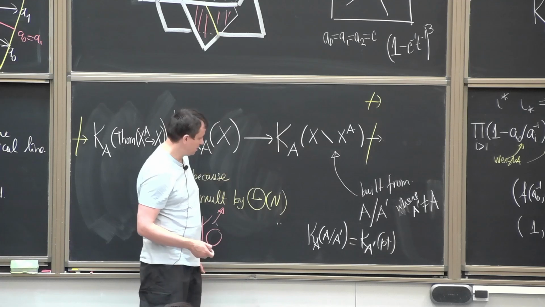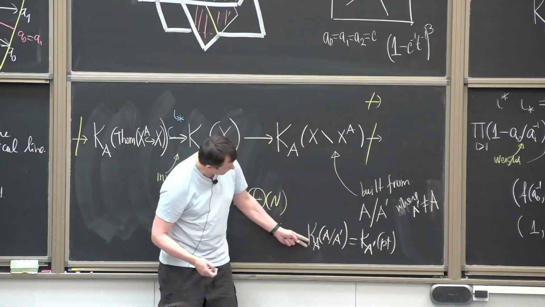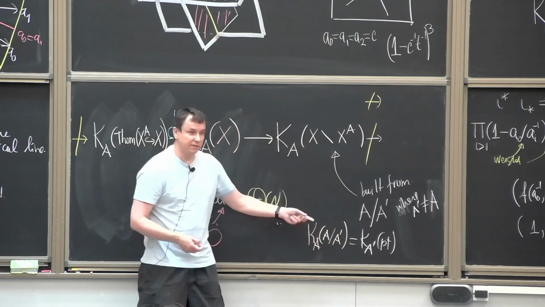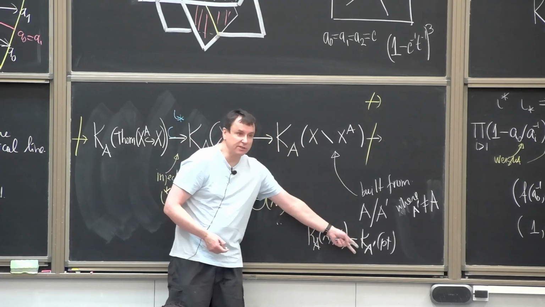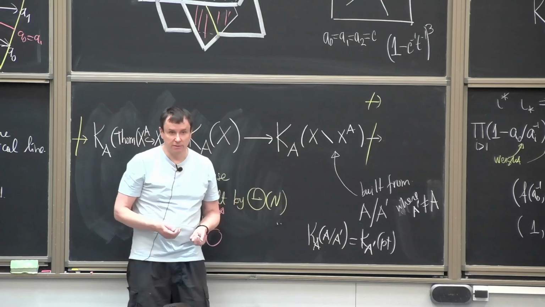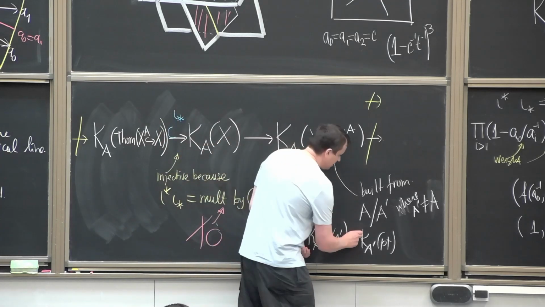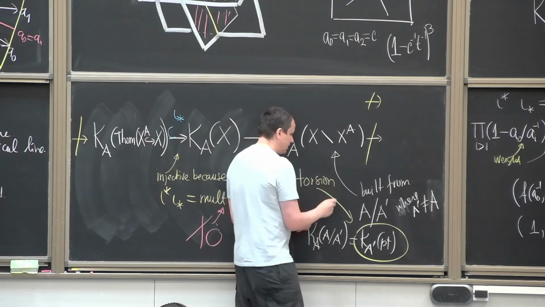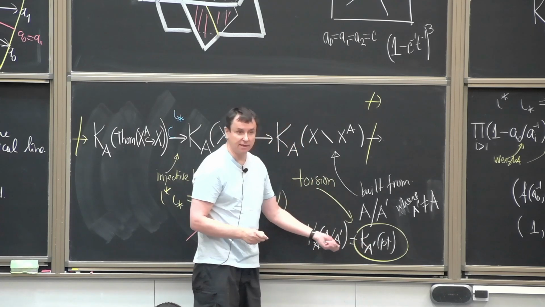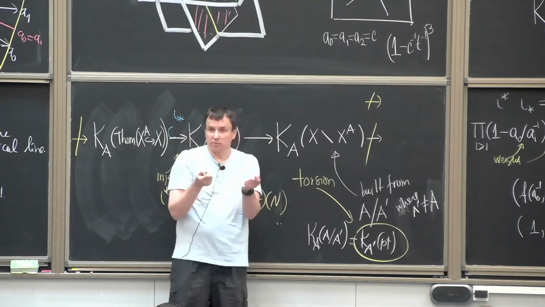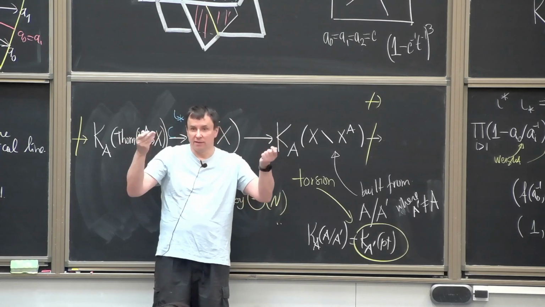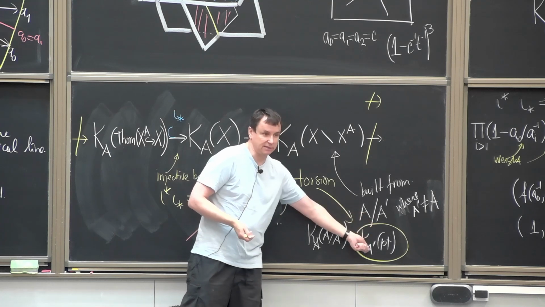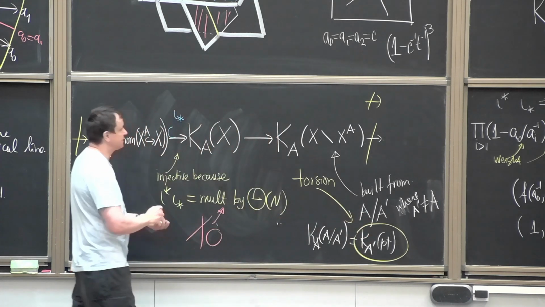In general, if I have the K theory of a homogeneous space, that's just that. This never has the full support. This thing is always torsion. It means it's killed by equations defining A. Any subgroup in the torus is defined by some character equal to 1. So this whole thing is killed by this. So that's the end.